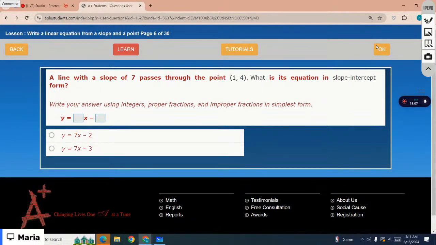A line has a slope of 7 passes through the point 1, 4. What is its equation in slope intercept form? So which is the correct option?